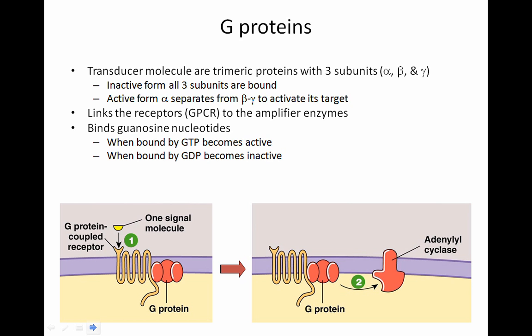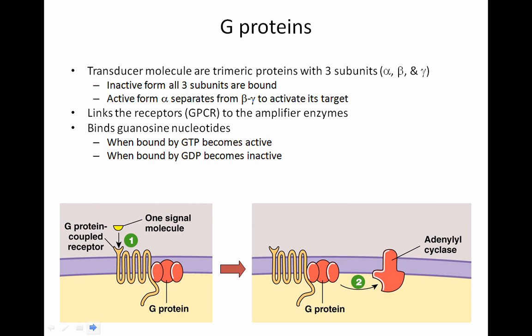The G protein is a transducer. It's the one that's actually converting the message. The G protein has 3 subunits: an alpha, beta, and a gamma subunit. The beta, the gamma, and the alpha are all bound together in its inactive form. But when you bind the G protein coupled receptor with the ligand, that activates the G protein. And then it goes and activates some enzyme down the line.